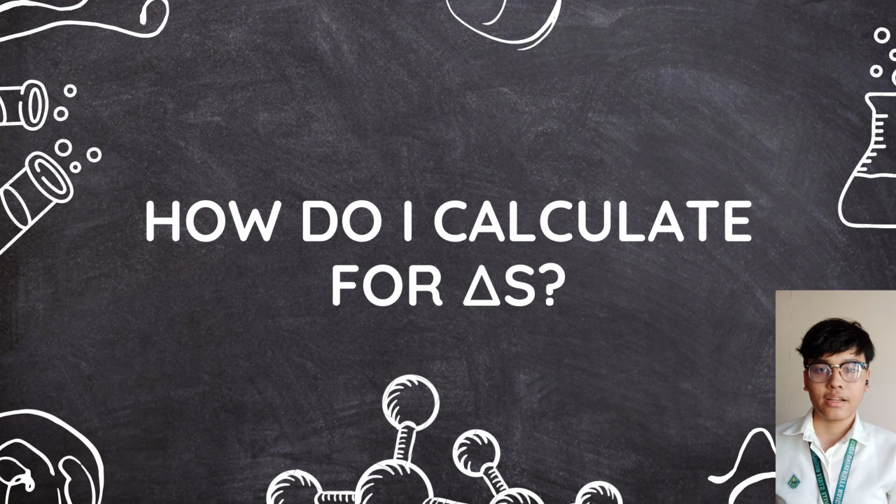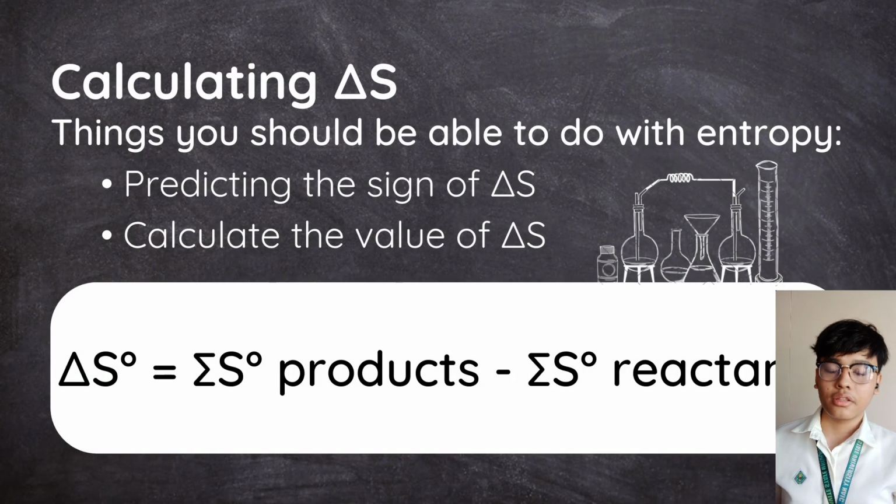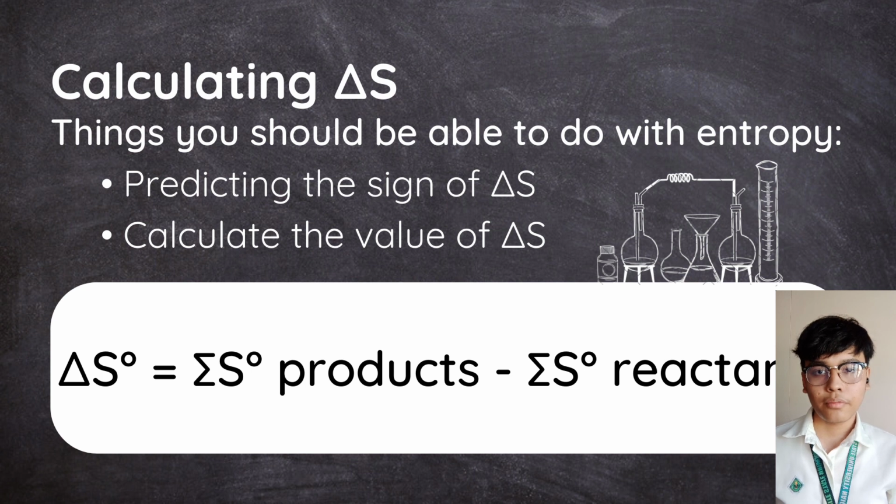Next topic for us is how do we calculate entropy change, or delta S. In learning entropy, the first thing we must be able to do is predict the sign of entropy change, which is what we did just now.